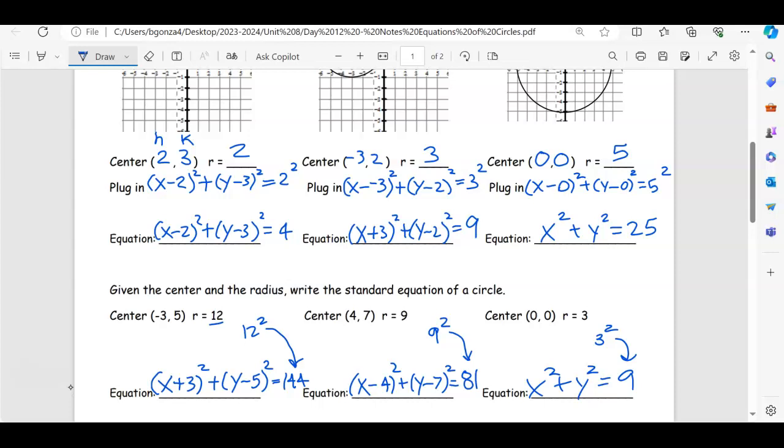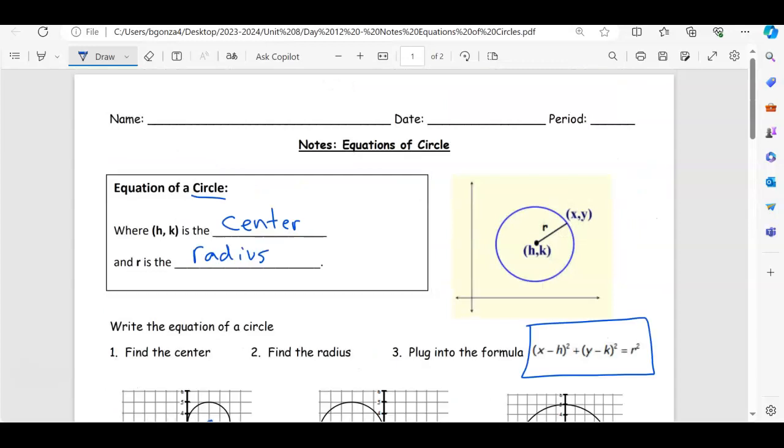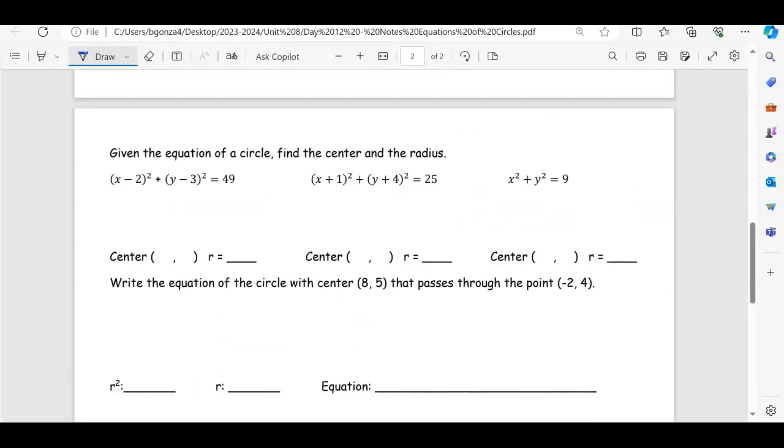All right, let's flip it over. Sorry. On the back, here we go.